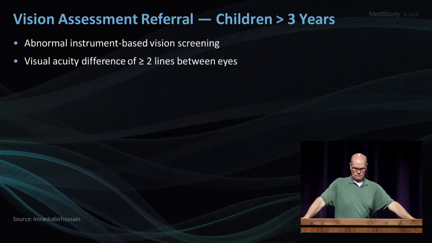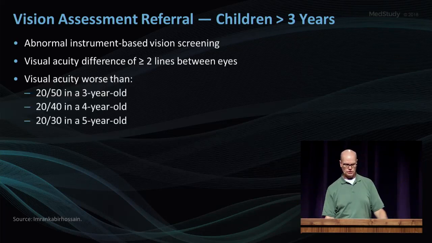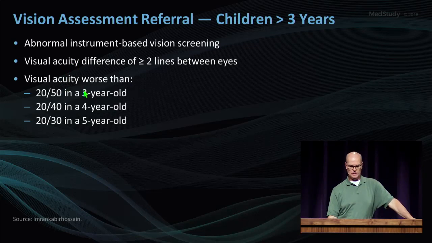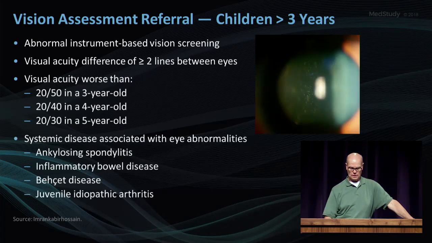Vision assessment and referral. When should you refer these children? Probably the question that you're going to be asked about on your exam is when is referral indicated based upon the results of visual acuity? And they do differ in the toddler and young child age group, so I would suggest that you commit those to memory.